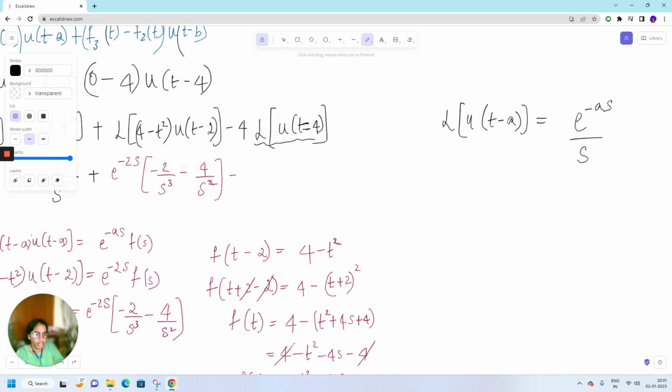What do I have here? I have Laplace of u of t minus 4. Agree? So that would be e to the power minus 4s divided by s.